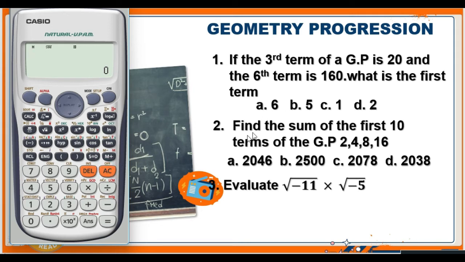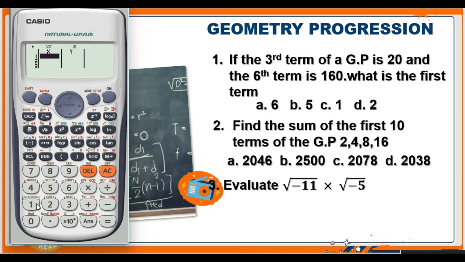Now the next example in the geometric progression says find the sum of the first 10 terms of the GP, which is 2, 4, 8, 16. So the same procedure, you get your table.